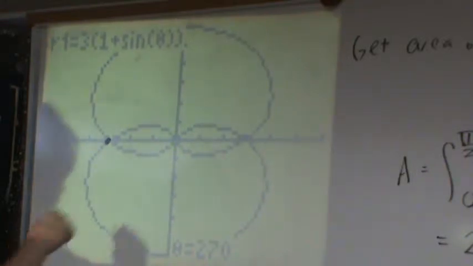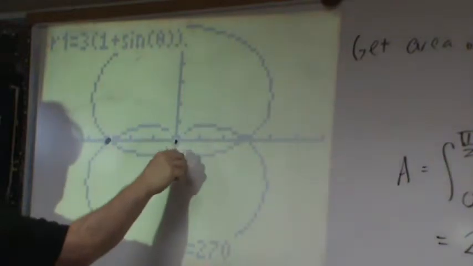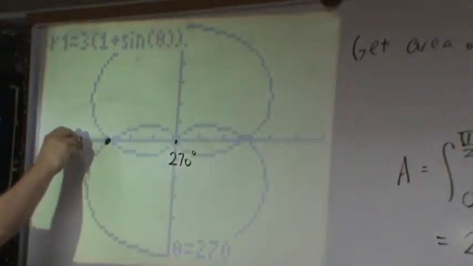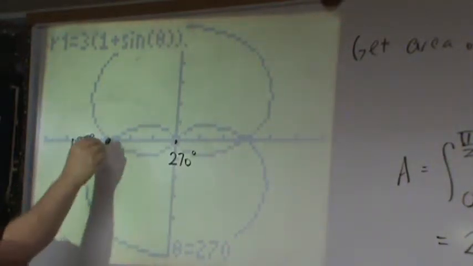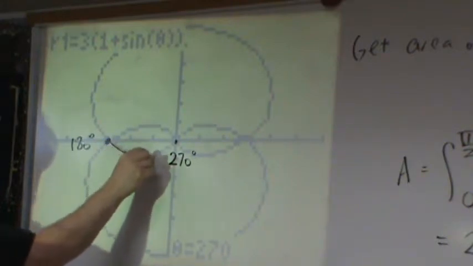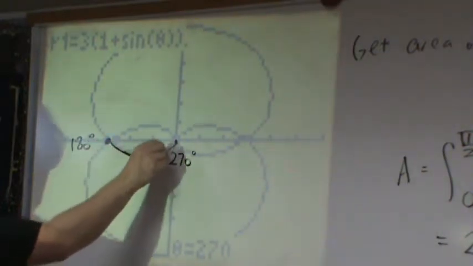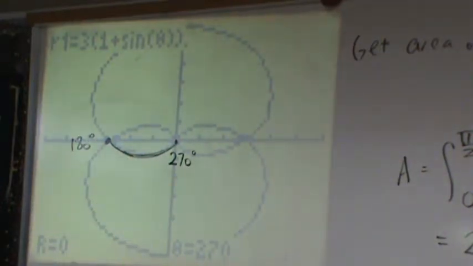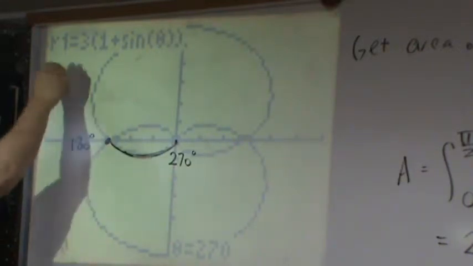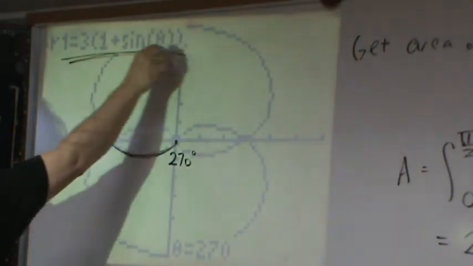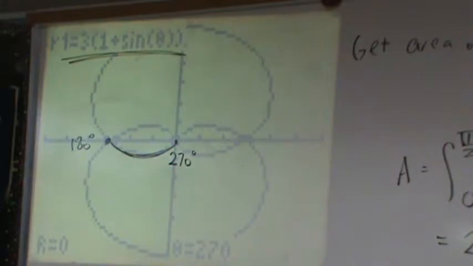And that happens at 270 degrees. So I'm at the origin at 270 degrees. This is 180 degrees. That's 270. And this is the graph. I want you to notice that's this graph here. My calculator tells me which graph I'm on. And I'm on that graph right now.